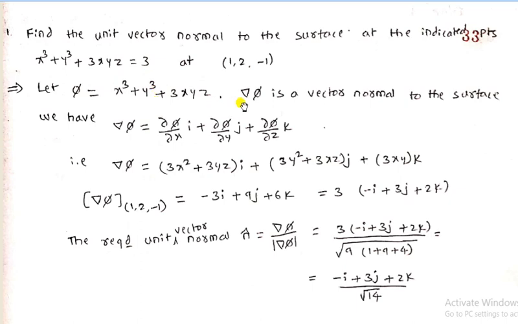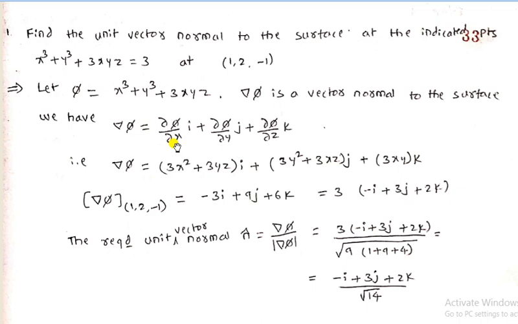So now we will calculate del phi, the vector normal to the surface. In the previous video we discussed the definition of del phi, which is dou phi by dou x into i plus dou phi by dou y into j plus dou phi by dou z into k. So dou phi by dou x means differentiating the phi function with respect to x partially.